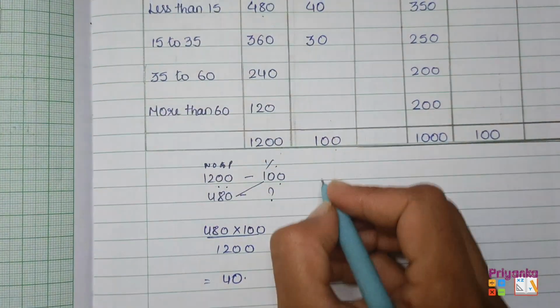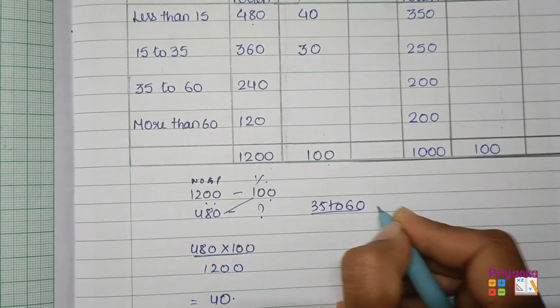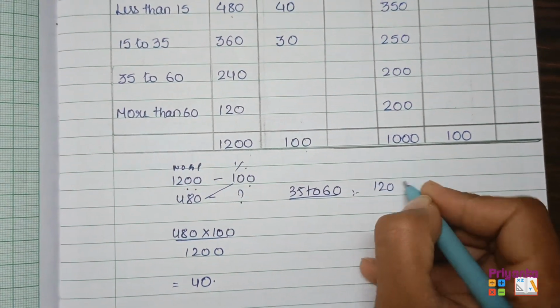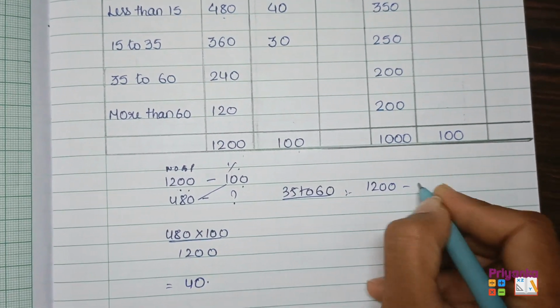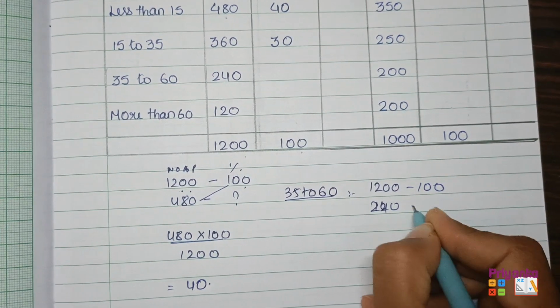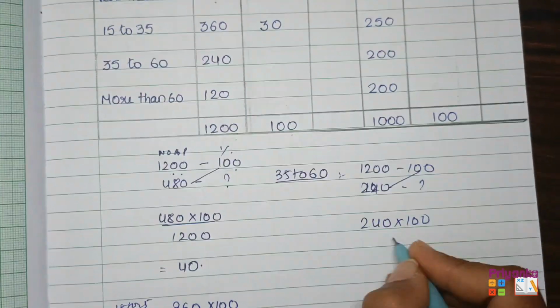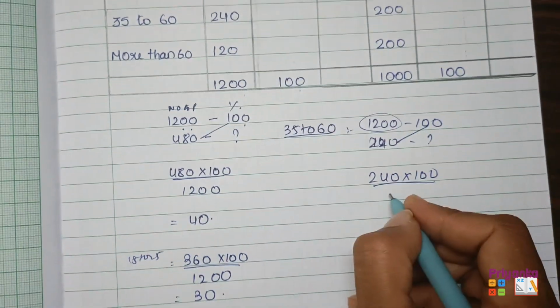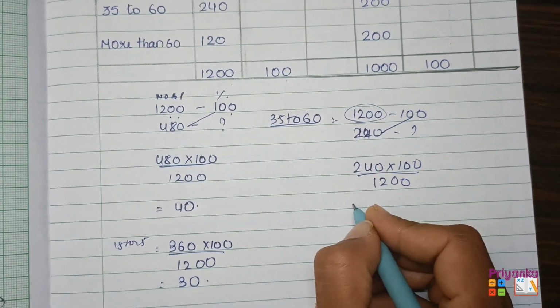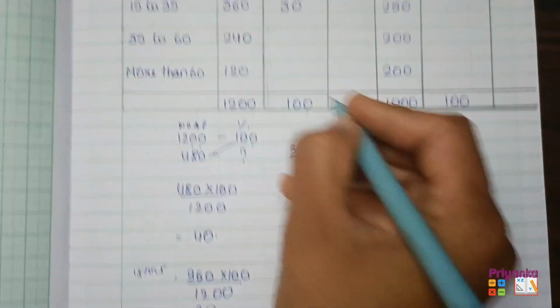Moving to the next, for 35 to 60, 1200 is 100 percent. What about 240? 240 multiplied by 100, the cross multiplication, divided by 1200, and here we get the answer 20.